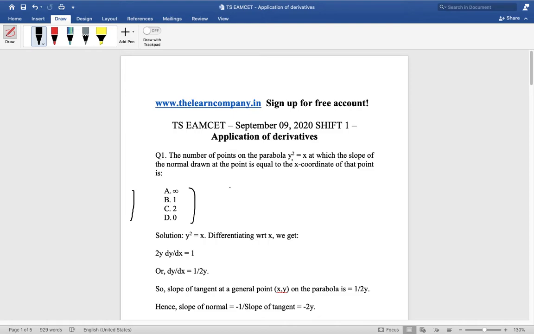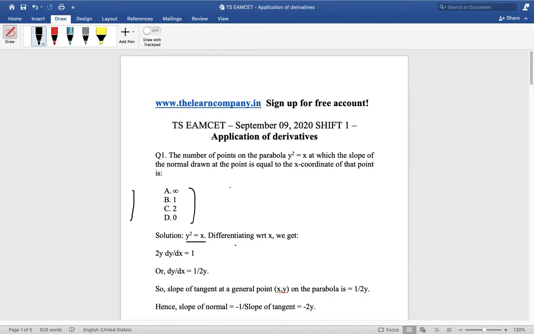So in that way I can find out the slope of the normal, and then I just equate it to the x coordinate of that point, and that will help me solve the value of the x coordinate of that point. If we get infinitely many solutions, this will be the correct option. Similarly, let's just start with the problem.